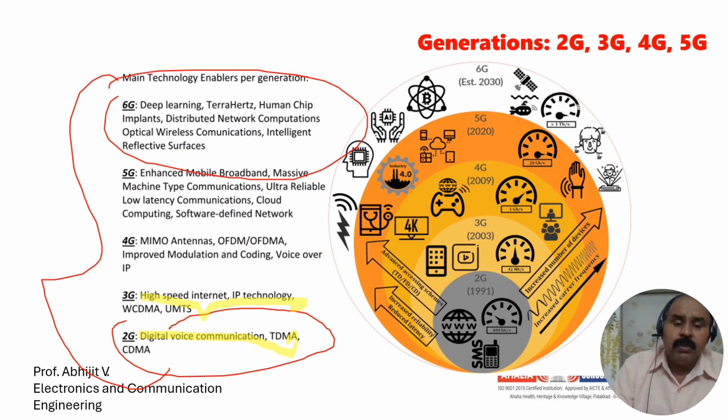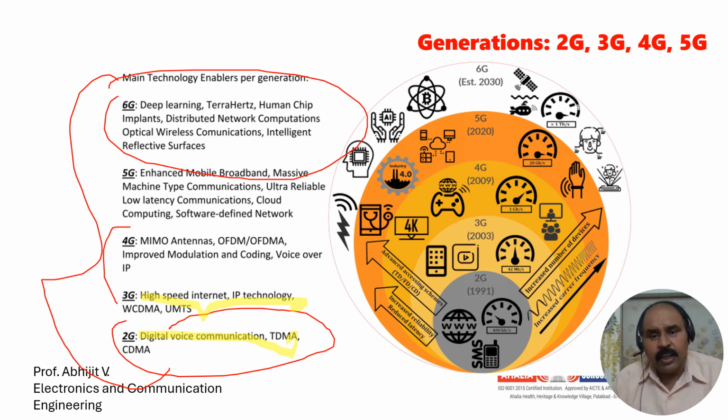Then from 3G to 4G, we call it long-term evolution. From 3G to 4G, we started developing several other technologies like MIMO, multiple input, multiple output.